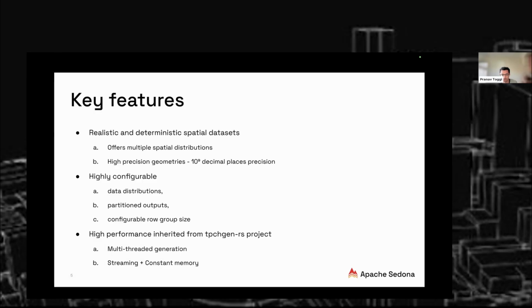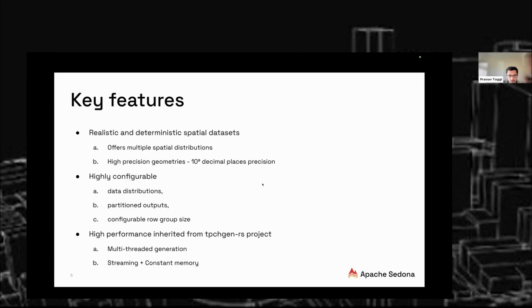It's written in Rust to generate TPCH data, and it's super fast. So it inherits cool things like multi-threaded generation, streaming, and constant memory use. So you can really go up in scale factors and generate a lot of data, upwards of 1,000 scale factors.